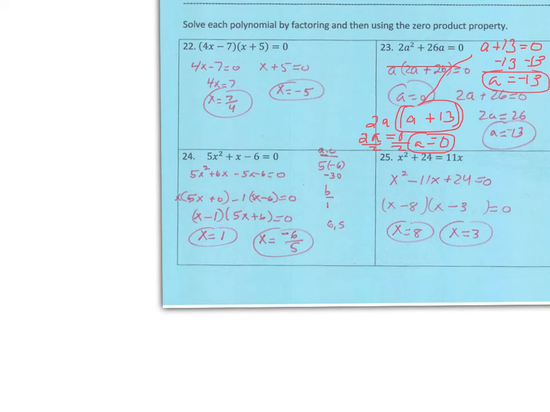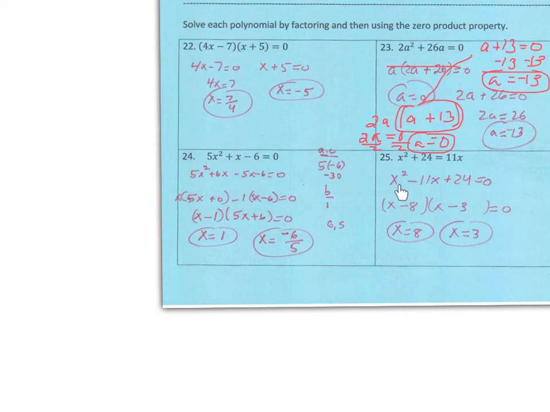All right, going down to number 24, I did the master product here again, because we're dealing with a leading coefficient that's not 1. And you can see my two factors. I did this one by grouping. You could also do it by boxes. In number 25, remember we have to have all the terms on the left side, or one side, and we have to have 0 on the other.